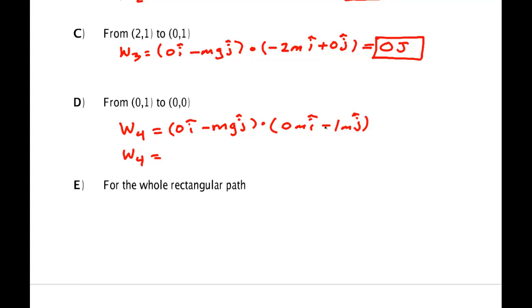Minus mg times minus 1 is a positive mg times 1 meter. So that would be 2 kilograms times 9.8 meters per second squared times 1 meter, and we get 19.6 joules. Again, I left off my .6. Seem to be doing that continually.